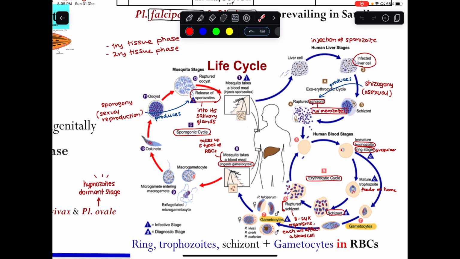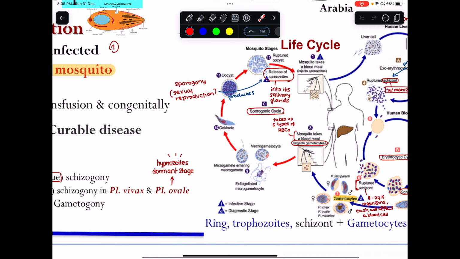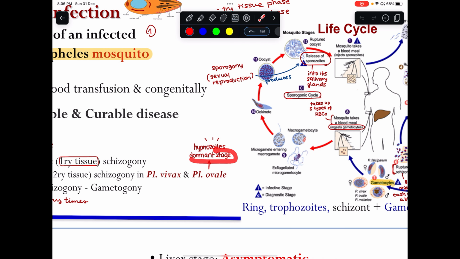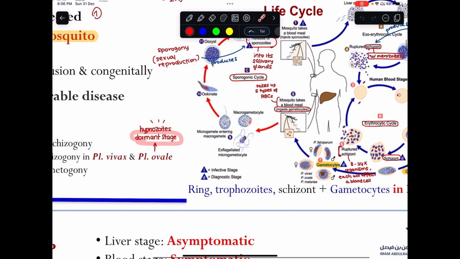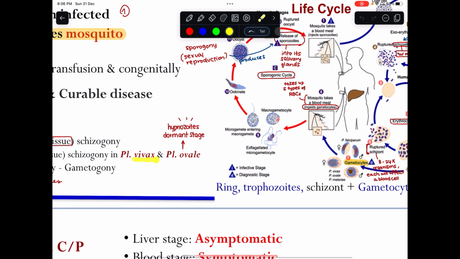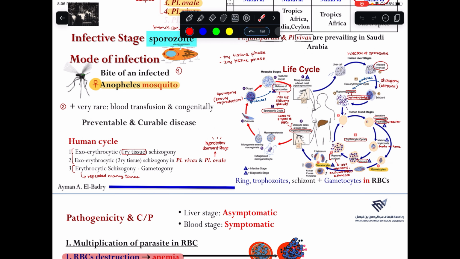Sometimes it doesn't rupture. If it stays as a schizont and doesn't rupture, here it's now latent or like a dormant stage. And then they're called, let me just make it yellow, they're called hypnozoites. These are seen in both Plasmodium vivax and Plasmodium ovale, the two tertian malarias.